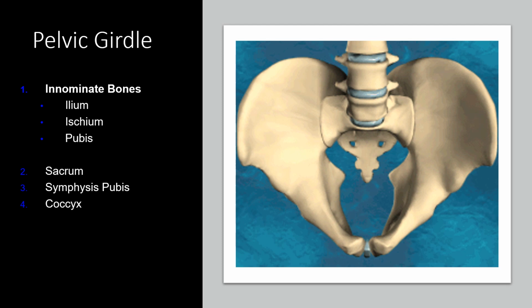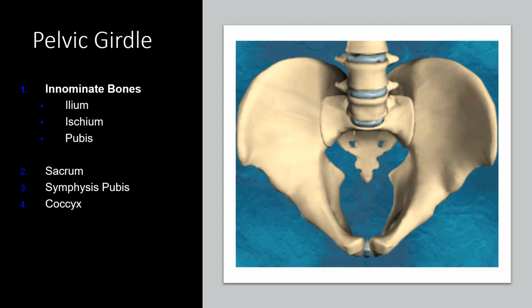Then we have the coccyx, which again we can see right in the middle of that sort of birth canal space at the back, underneath the sacrum. That's your coccyx, your tailbone. So the pelvic girdle is made up of the innominate bones, the sacrum, the symphysis pubis, and the coccyx.